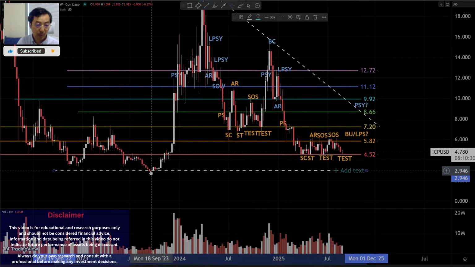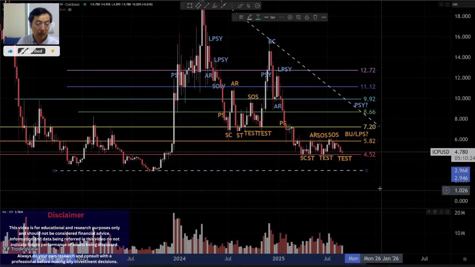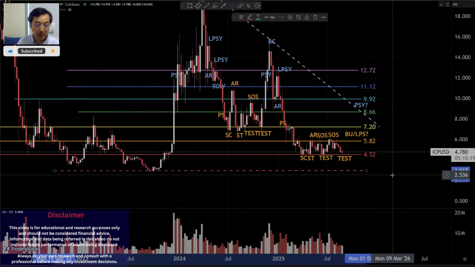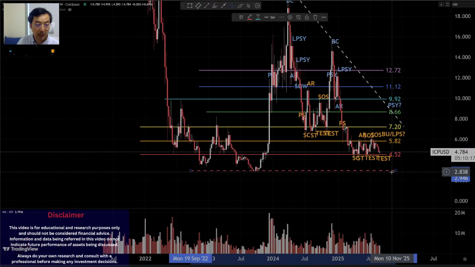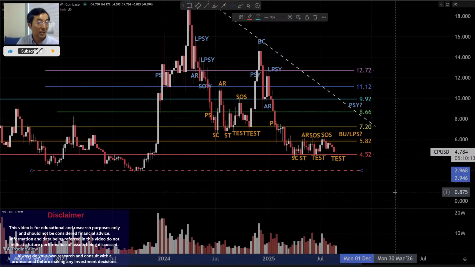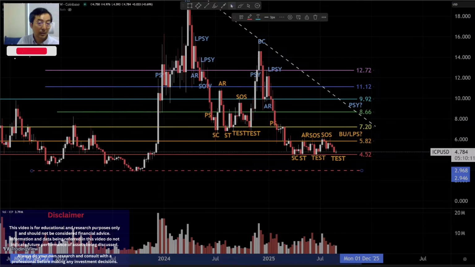That's the low the price went to back in September 2023. That's the red absolute bottom. If the push takes it past this, that means ICP has been abandoned. As simple as that.